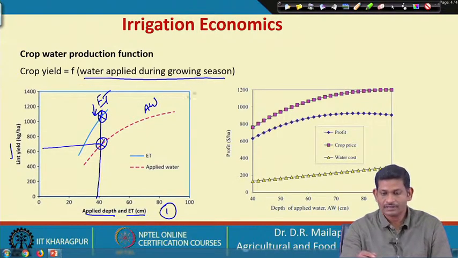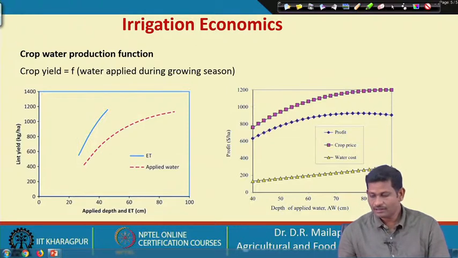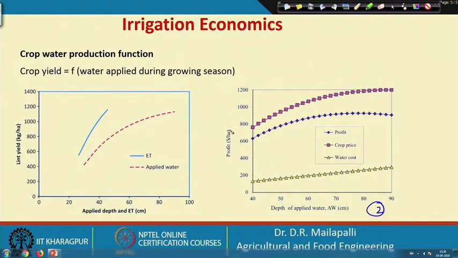Now in figure 2, you see profit on the y axis and depth of water applied on the x axis. The crop price and the water price are two components, and when you subtract the water price from the crop price, you get the profit.